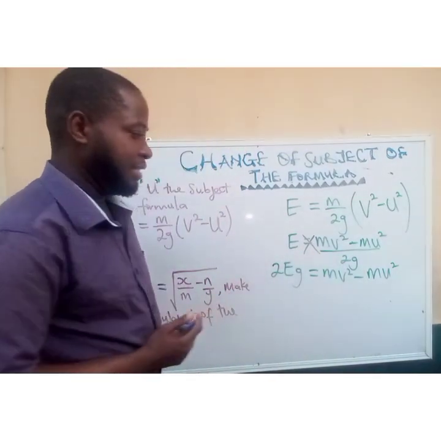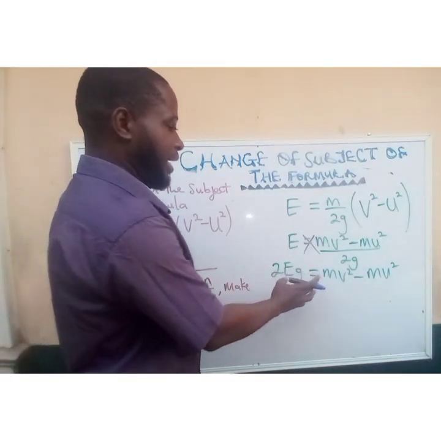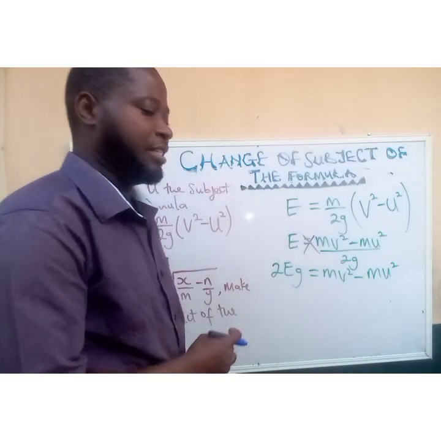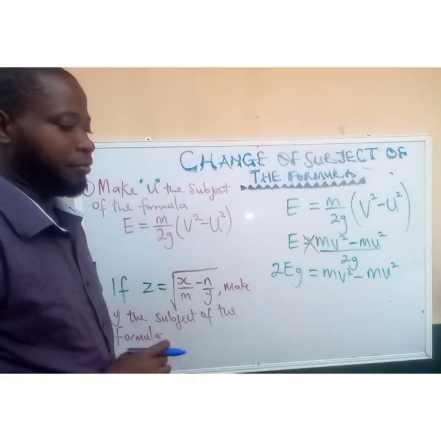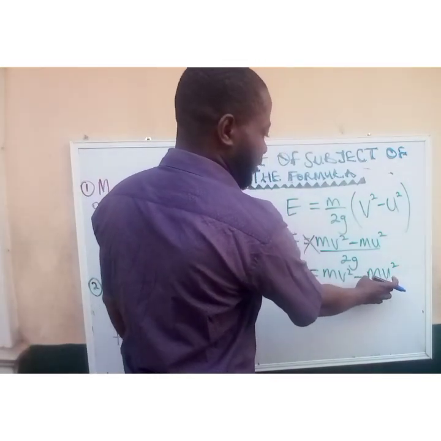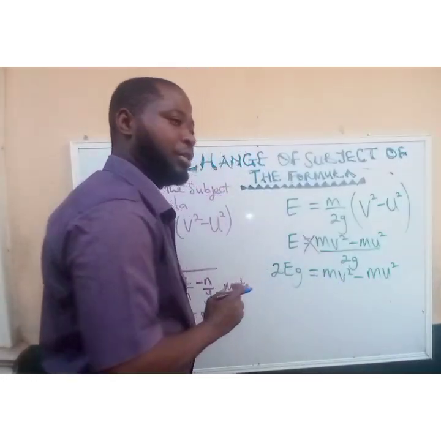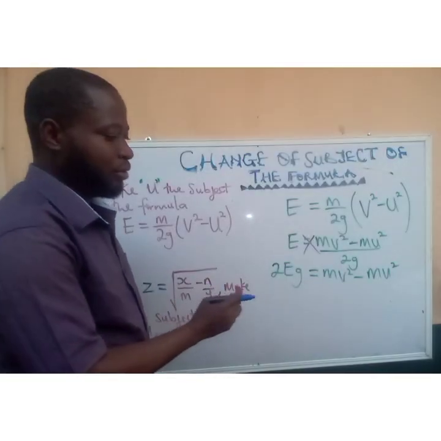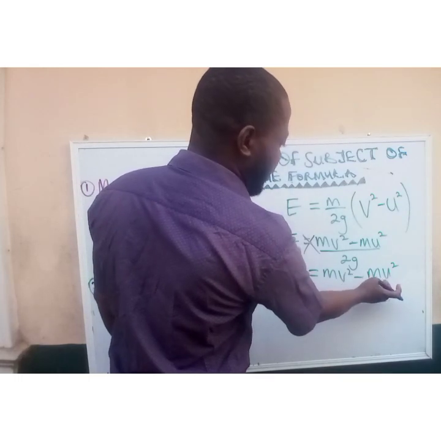So in that case, the next thing is to proceed by saying let's rearrange this. Why are we rearranging? Don't forget, we want to make U the subject of the formula. So the one that has U will stay at one side, and the others will move to the other side. But when you notice, this one has a negative sign. We have minus MU square.